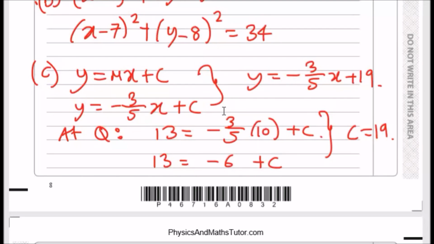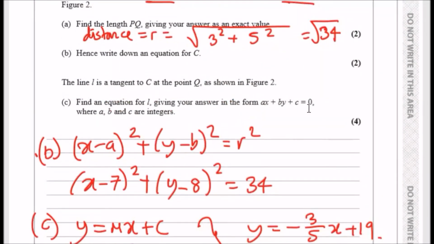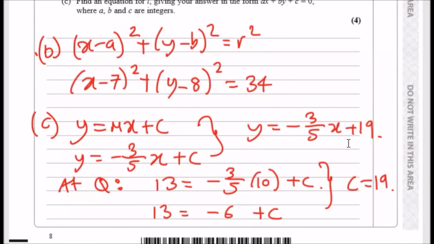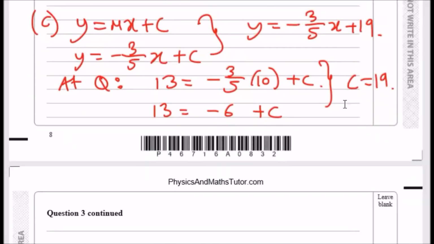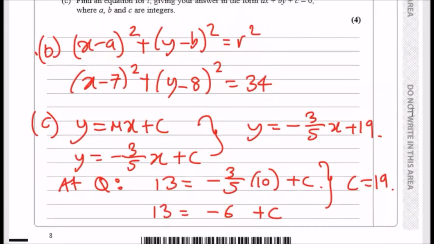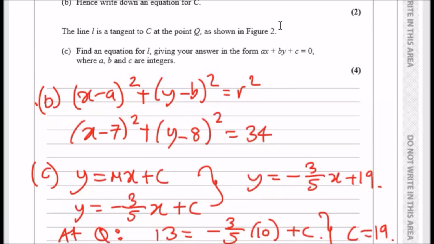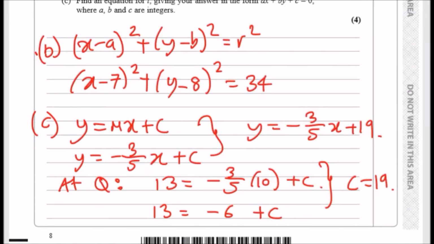Voila. Now just to make sure we're done, let's have a look at the question. Give your answer in the form ax plus by plus c, where each of them are integers. In other words, clear the fraction. So what I would do is multiply by 5 across. Times this by 5, you're just going to get 5y equals minus 3x plus 19 times 5, which is 95.